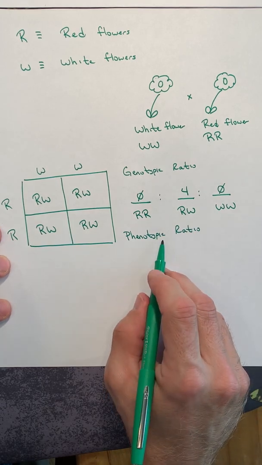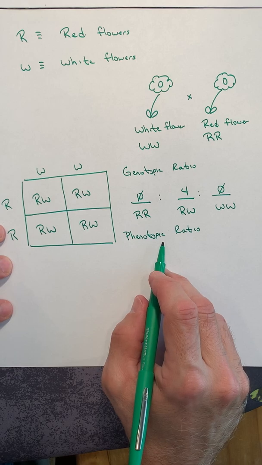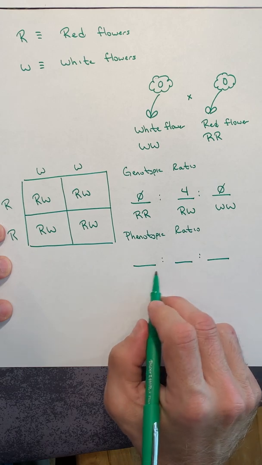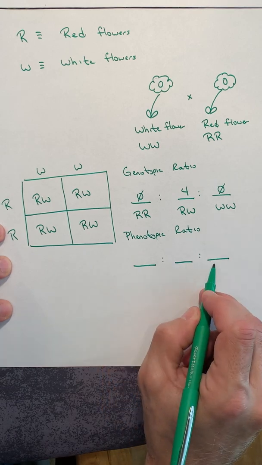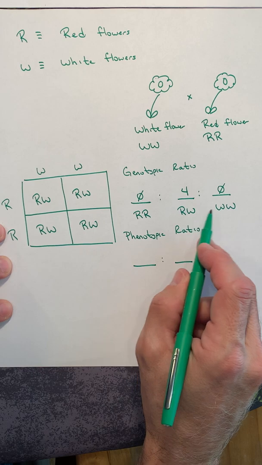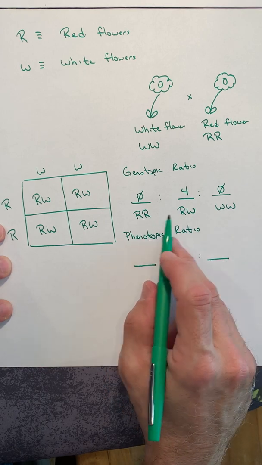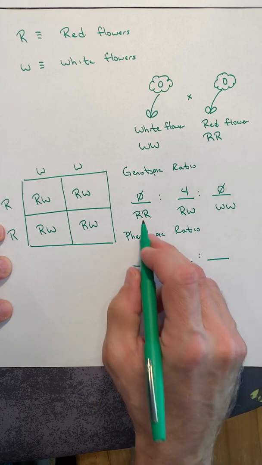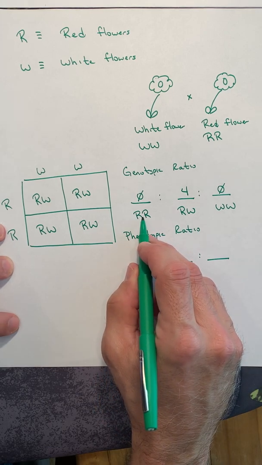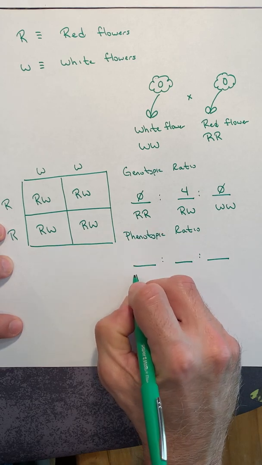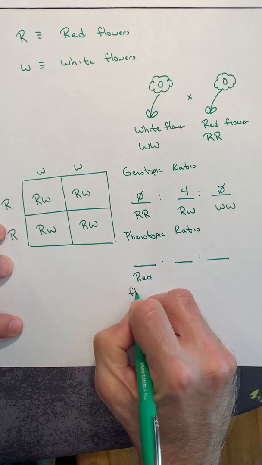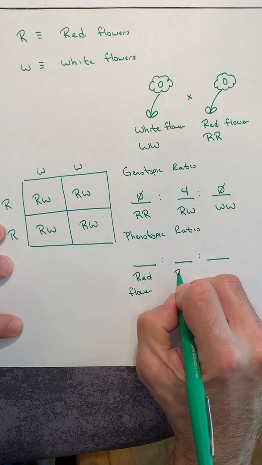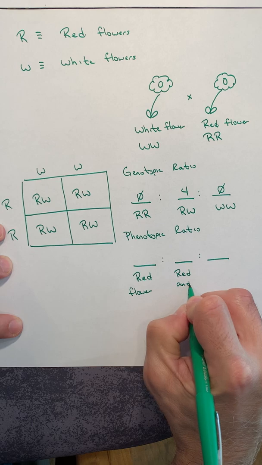Now for your phenotypes here, here's what's interesting about codominance. There's 3 of them. And these phenotypes are the expression of these genotypes. So whatever order you've done the genotypes, you then put the resulting phenotype in the same order. So big R, big R genotype, when this is expressed, codes for red flowered plants. Big R big W codes for red and white.